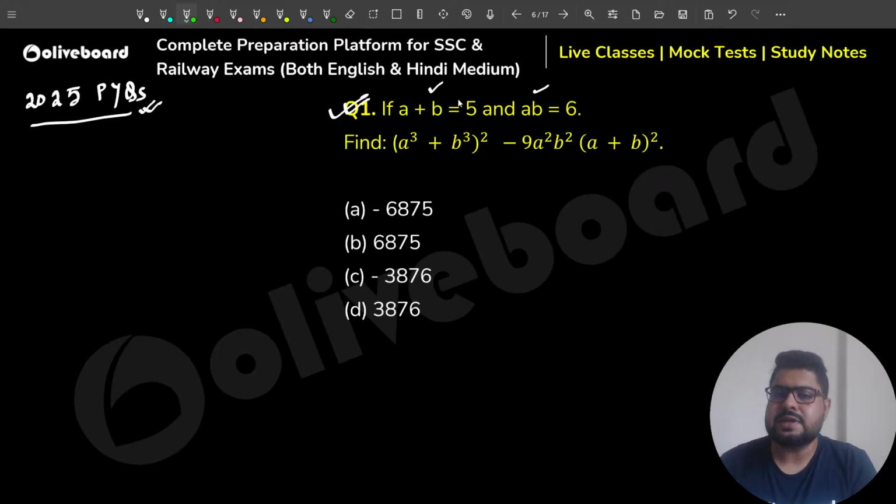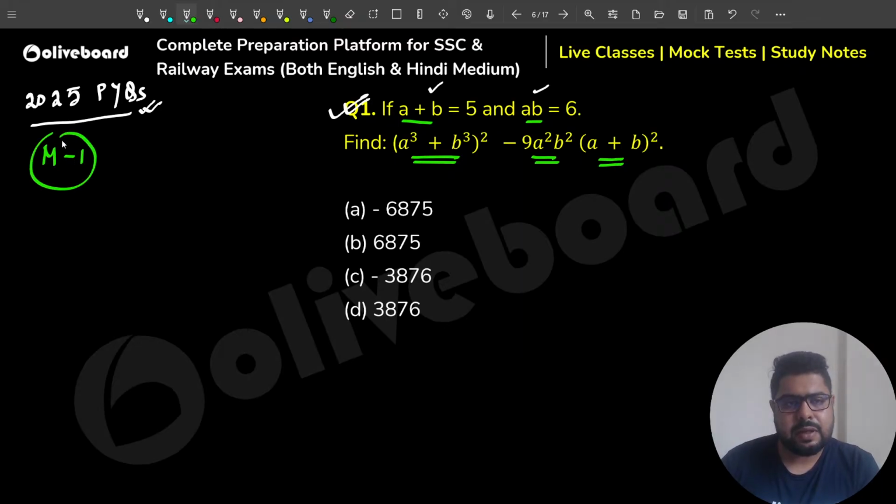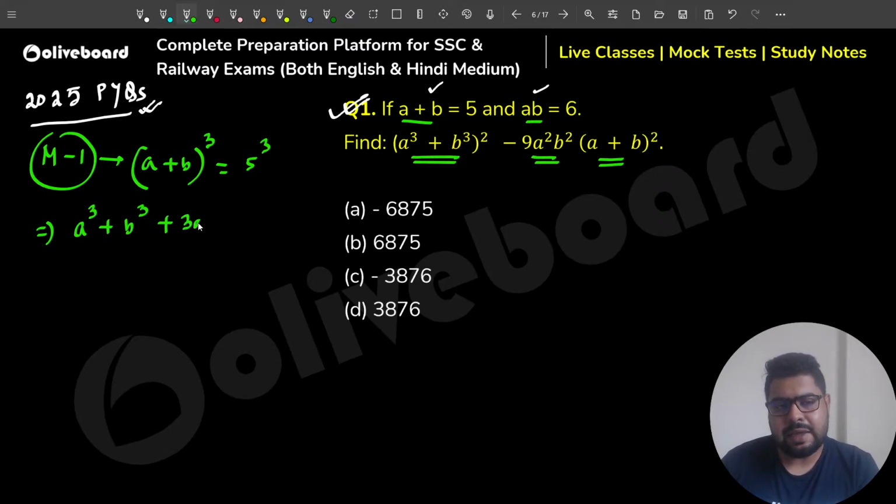First things first, from a plus b and ab, you can figure out the value of a cube plus b cube. A plus b is given, ab is given. Method number one: a plus b is given to you, so if I just cube this, I will get a cube plus b cube plus 3ab into (a plus b), that is 5 cube, 125.